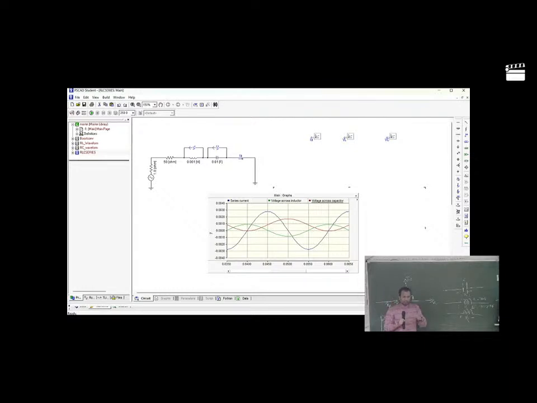Then we sum everything as vectors. This one is indicating the plus 90 degrees.